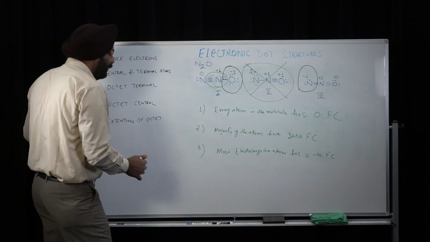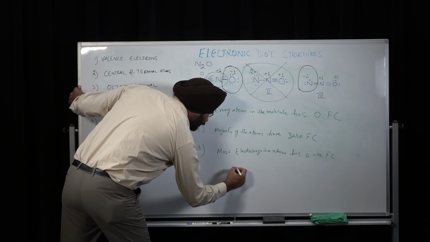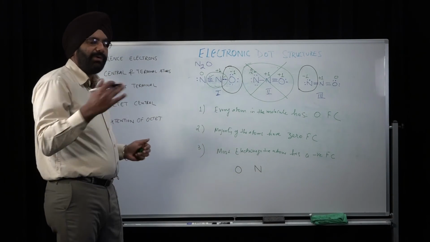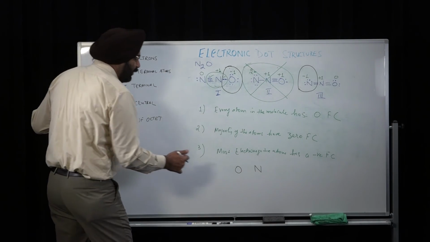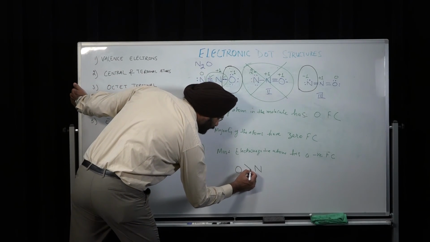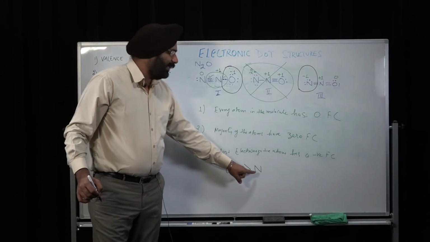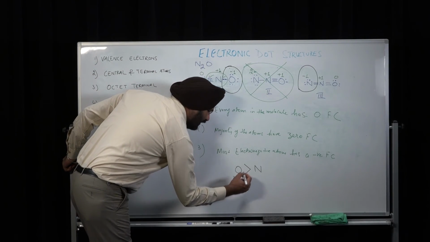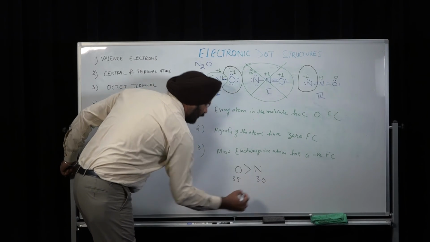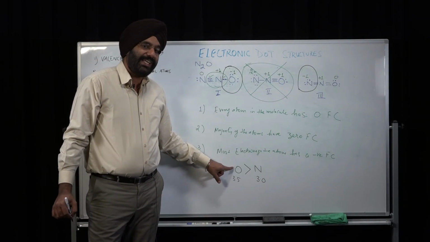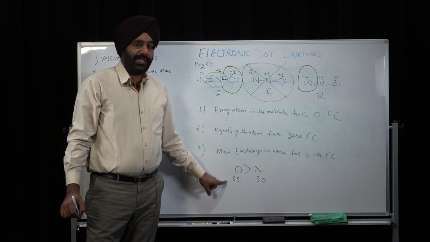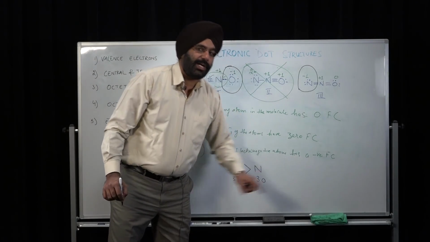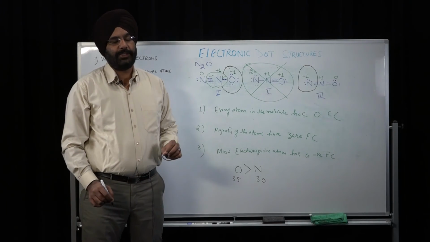And when I compare nitrogen with oxygen, oxygen is to the right of nitrogen, so oxygen is more electronegative than nitrogen. Oxygen has an electronegativity of 3.5, nitrogen has an electronegativity of 3.0. So oxygen is more electronegative, which means oxygen should carry a negative charge, not nitrogen.